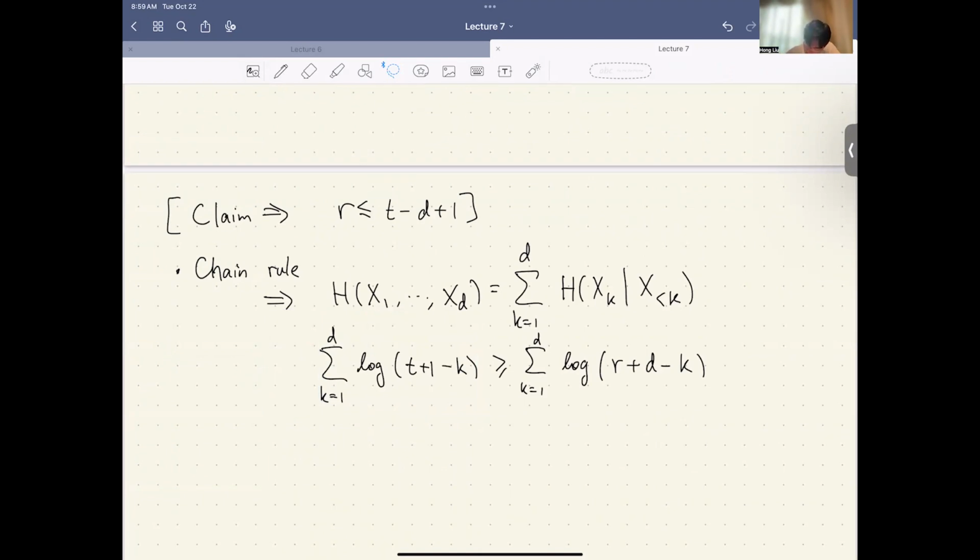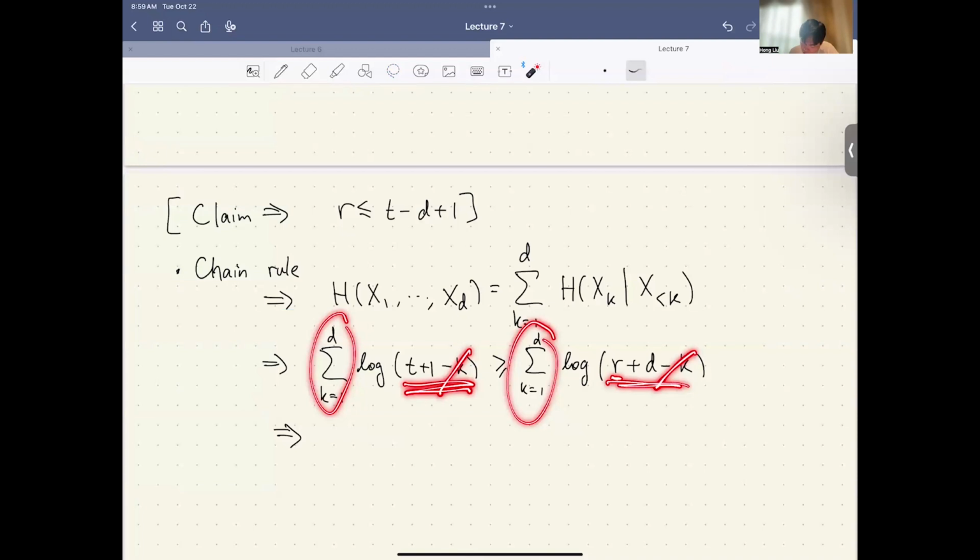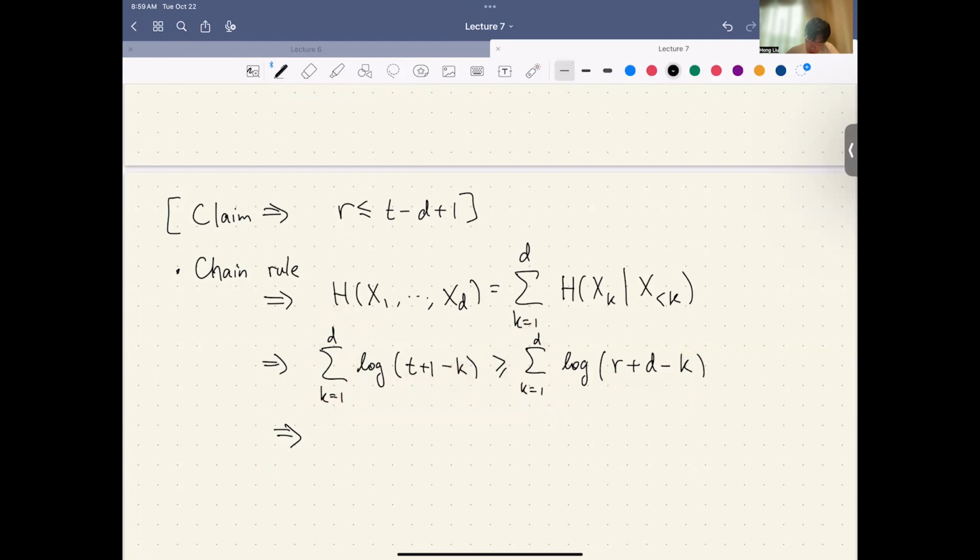And that implies what we want. We have the same index, so this inside must be less than that. Canceling out k, r is at most t plus 1 minus d, as desired.